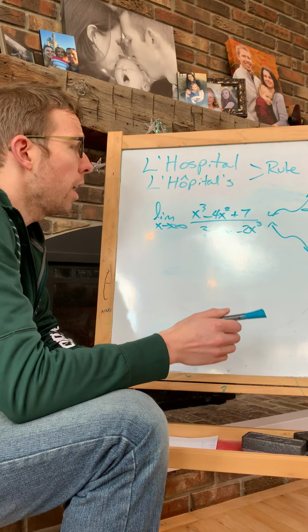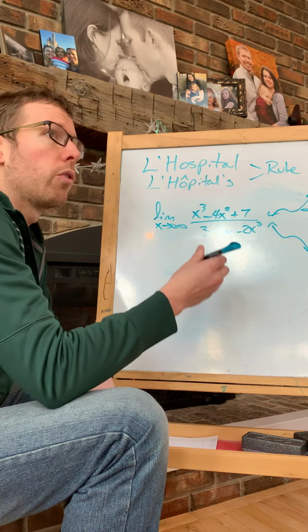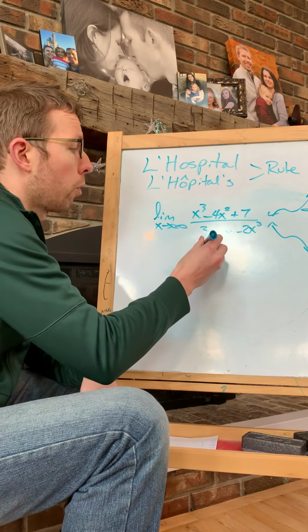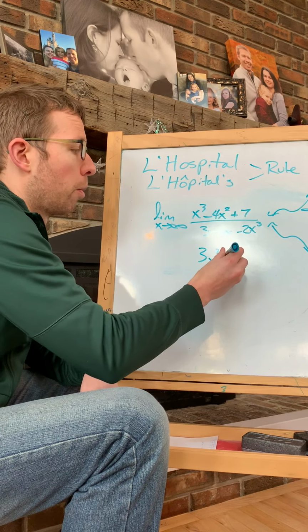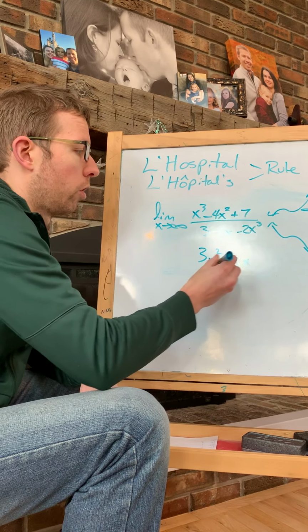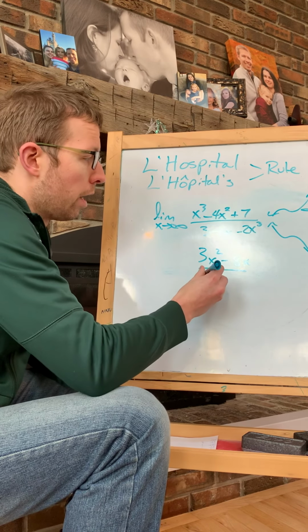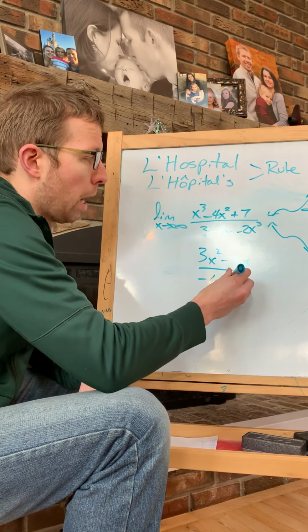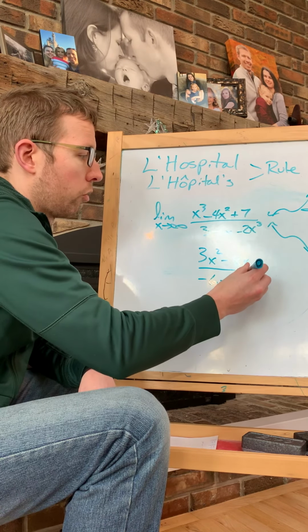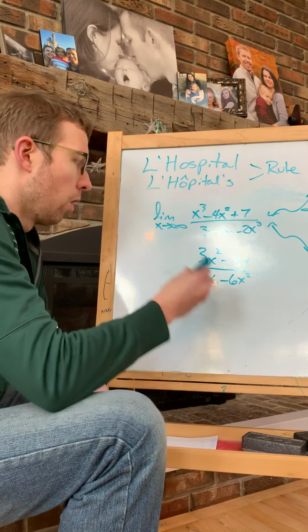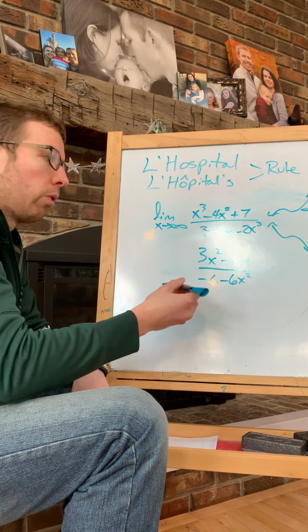So if we take the derivative of these two things, we're going to get 3x squared minus 8x divided by negative 6 minus 6x squared. So the limit of this should equal the limit of this.